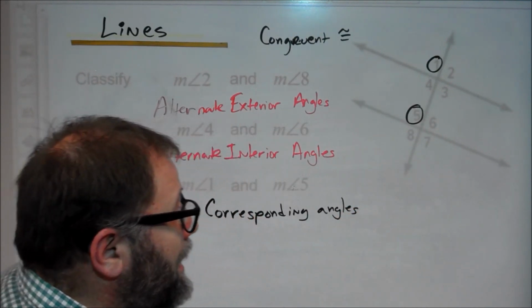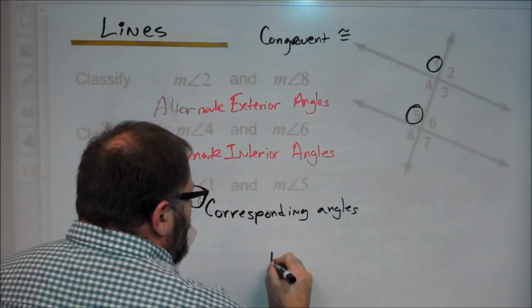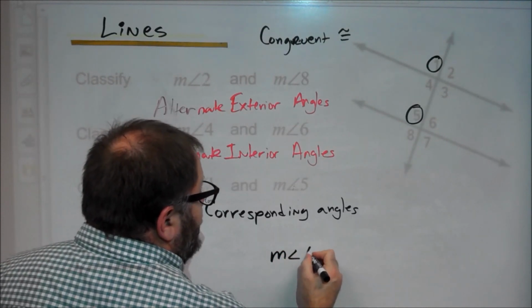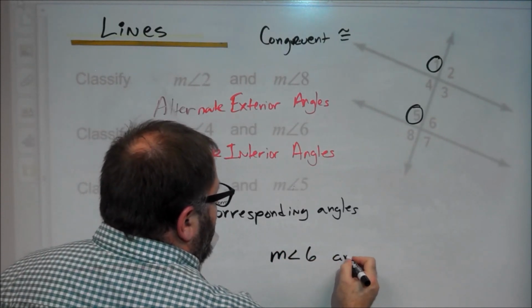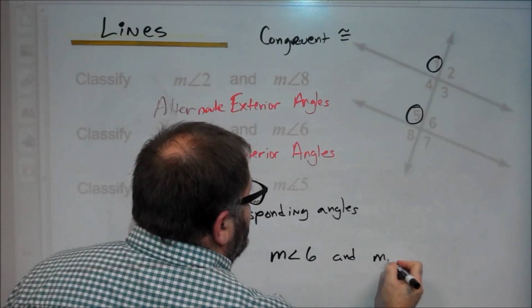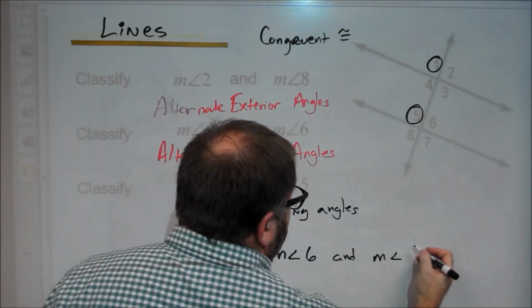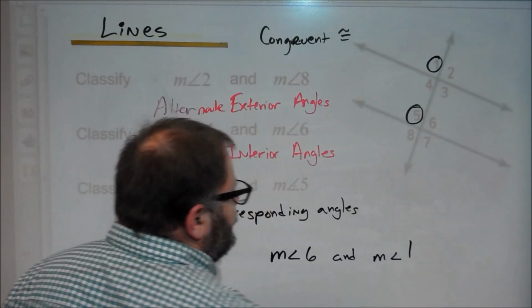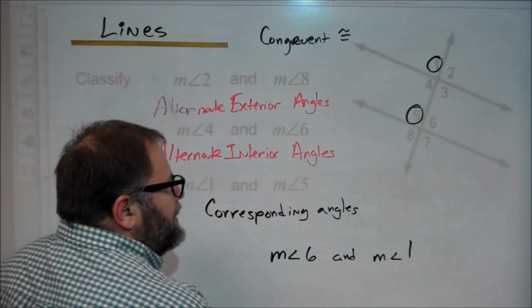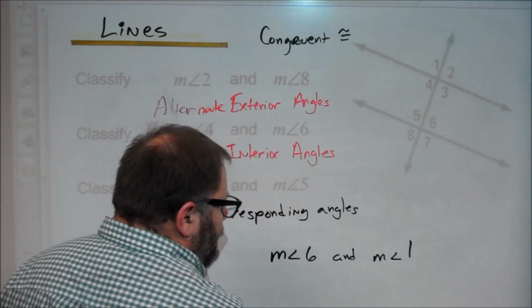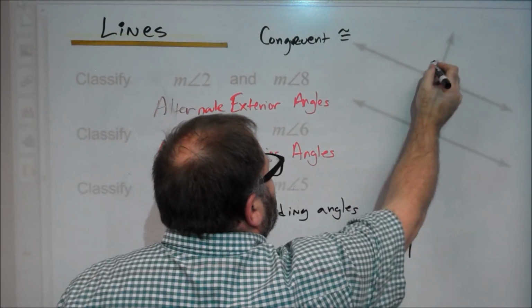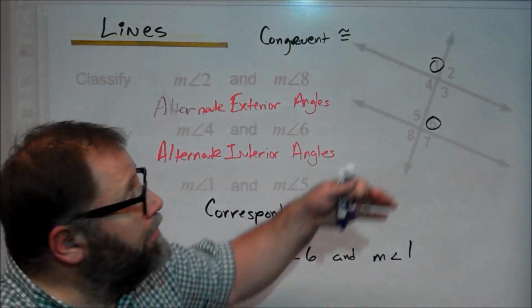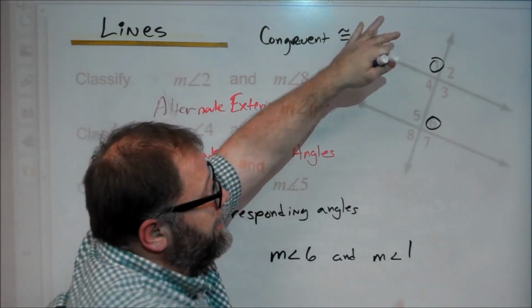Now let me just throw something out here and say, what relationship does the measure of angle 6 and the measure of angle 1 have? Are they interior? No. Are they exterior?